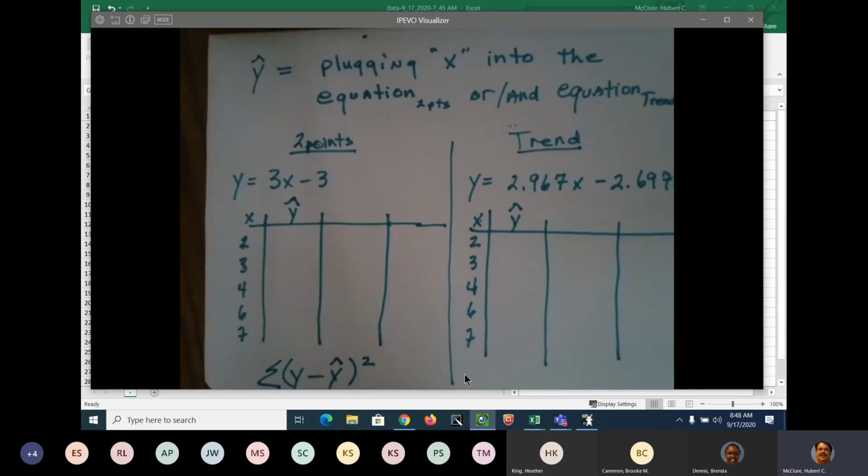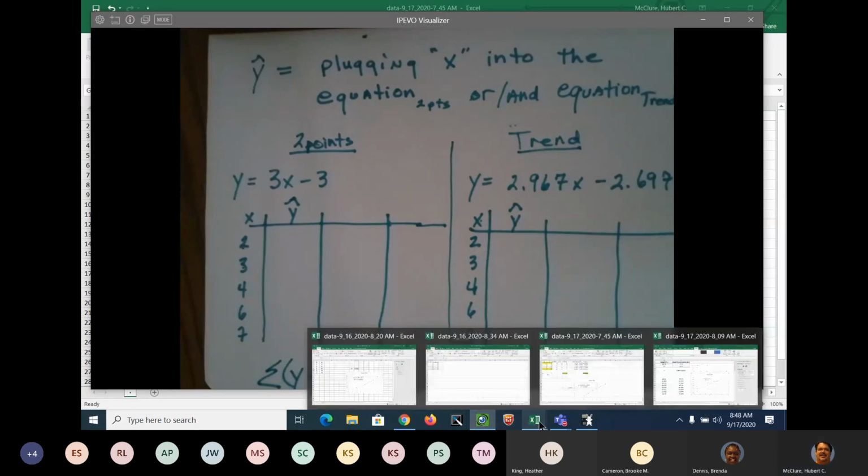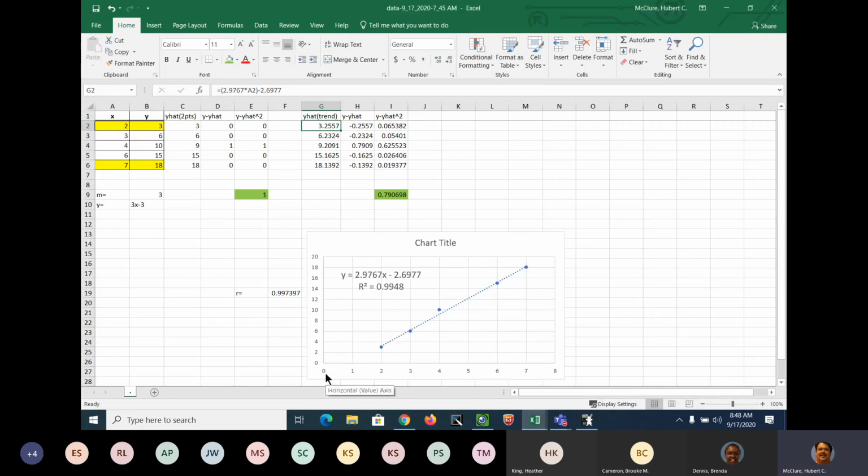So now we've got y hat. Let me go ahead and write those down because I don't have them in my sheet. So hold on a second. Let's see. 3, 6, 9, 15, 18.